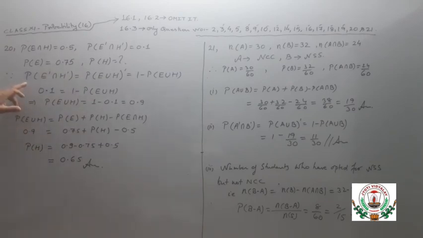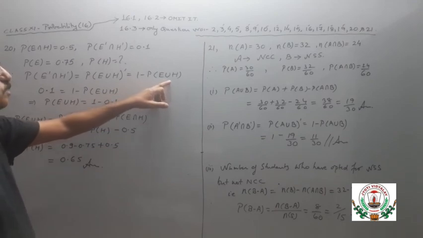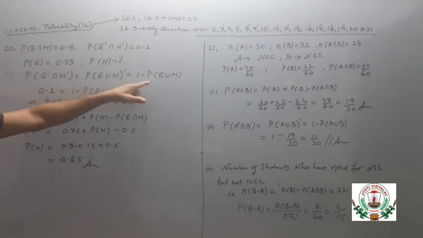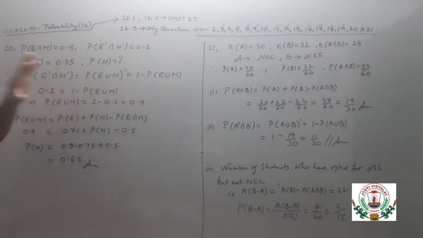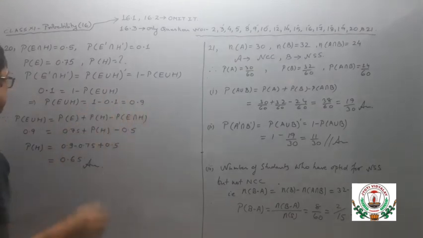So first, by De Morgan's law, we know that probability of E complement intersection H complement will be equal to probability of E union H the whole complement, which will be equal to 1 minus probability of E union H. As this value is given to us as 0.1, we get the probability of passing either in Hindi or in English: 1 minus 0.1, we get it as 0.9.